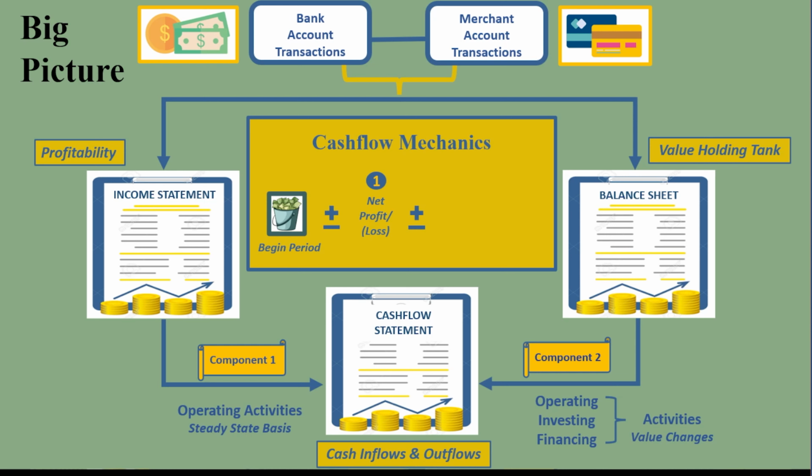Then we add or subtract balance sheet changes, component 2, to the bucket. And that gives us an ending bucket balance. So now we know how much cash we had in the beginning of the period, what happened on a profitability basis, what happened to value changes in the holding tank, and how much cash is remaining at the end of the period.